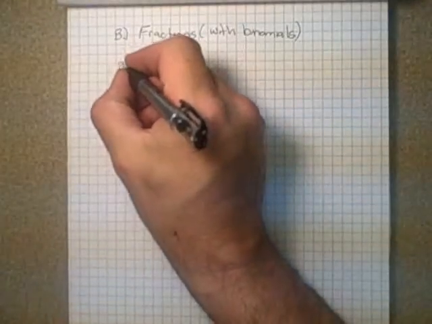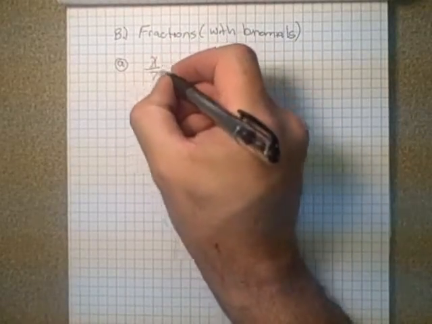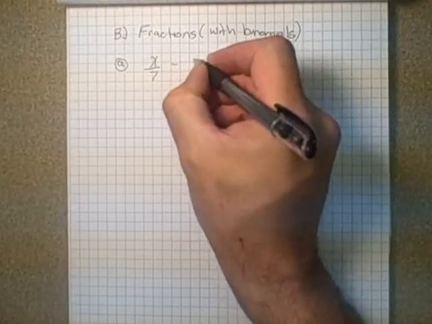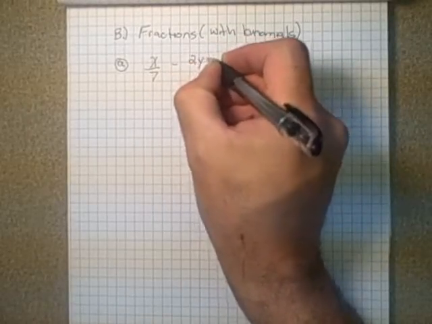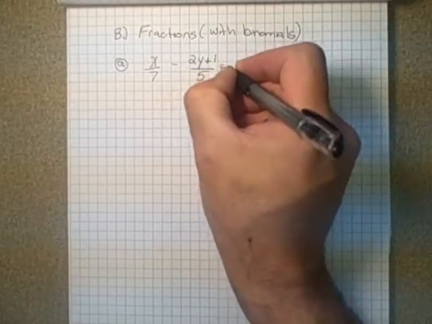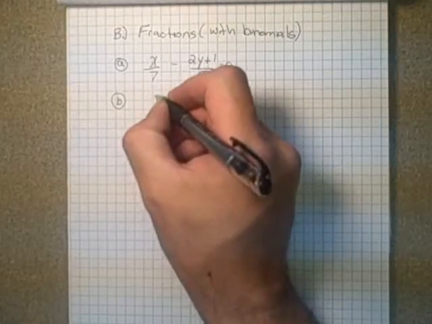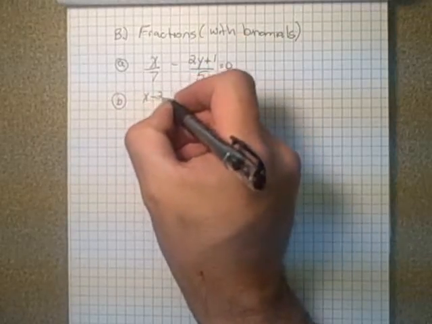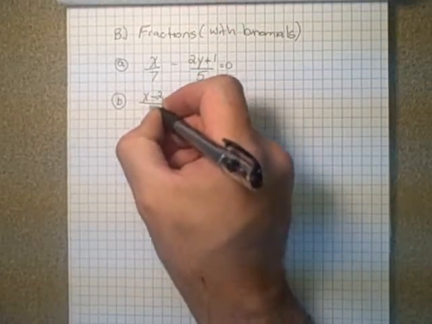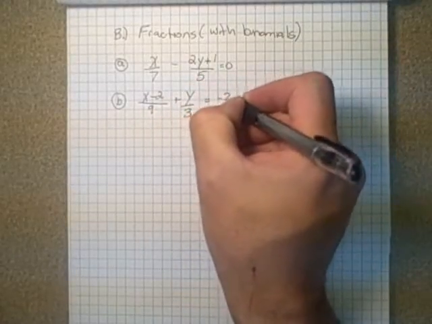My example is, for equation A, I have x over 7 minus (2y plus 1) over 5 equaling 0. And then for B, I have (x minus 2) over 9 plus y over 3 is equal to negative 2.